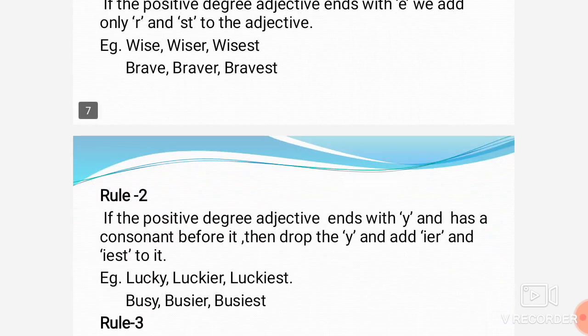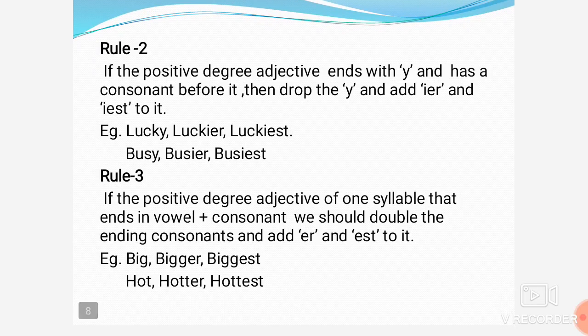Now coming to rule number 2. If the positive degree adjective ends with the letter Y and has a consonant before it, then drop the Y and add IER and IEST to it.